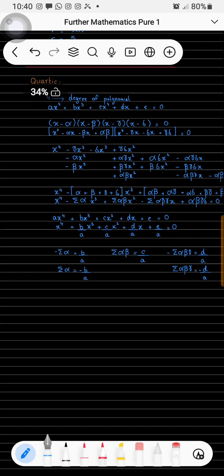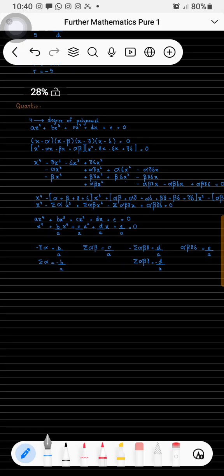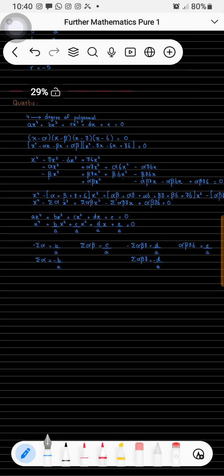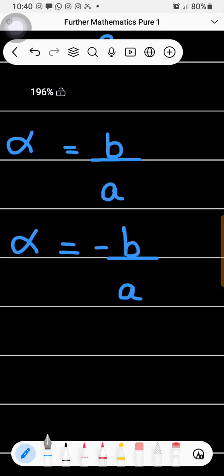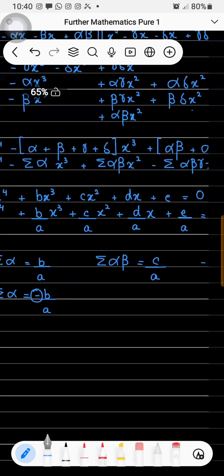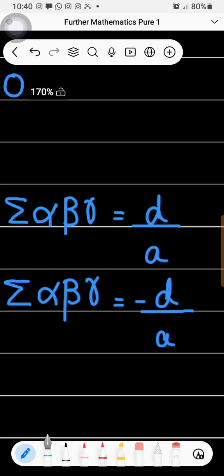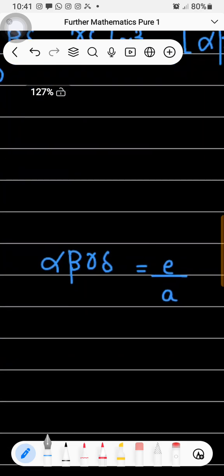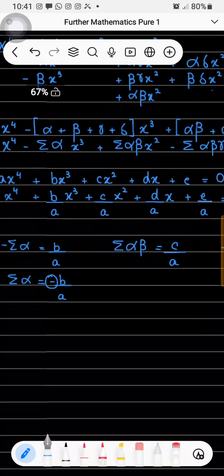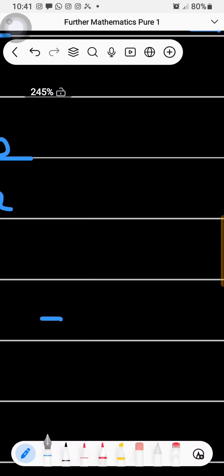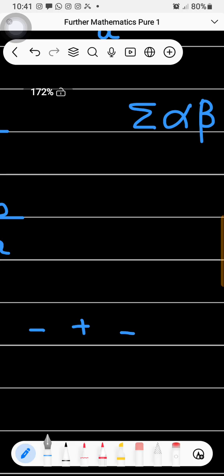Then we compared a constant with a constant. And through this we got these 4 formulas. If we notice, first is negative, then positive, then negative, then positive. Okay, so the sign will look like this: negative, positive, negative, positive.